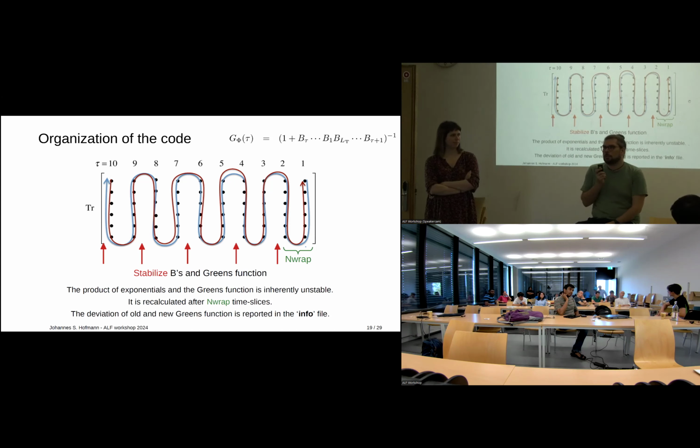I would also like to add a comment to this question. Here you could also ask the question, what happens if you have a perfectly Hermitian Hamiltonian and your Trotter decomposition breaks it? One thing that I think happened to some of us in the past is, if you look at the spin susceptibility or the density susceptibility, the density specifically is the expectation value of a Hermitian operator that gets squared.